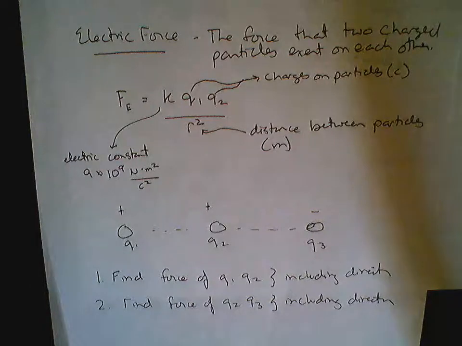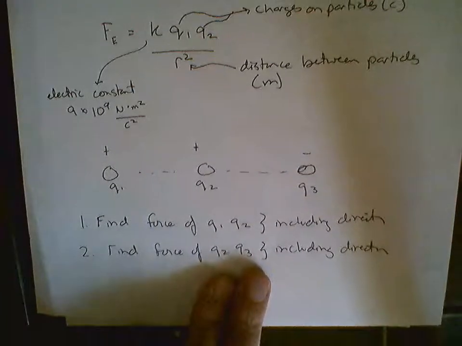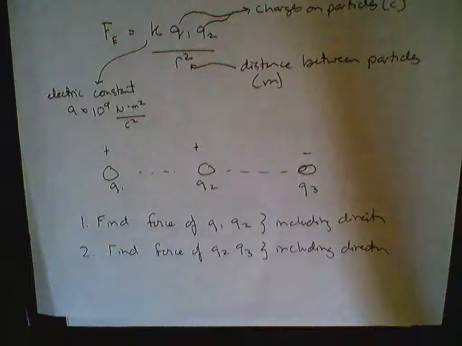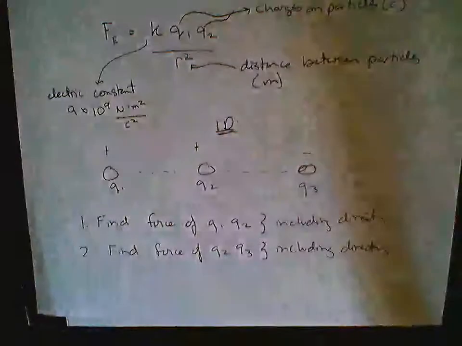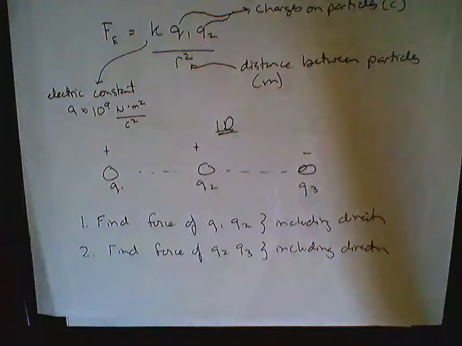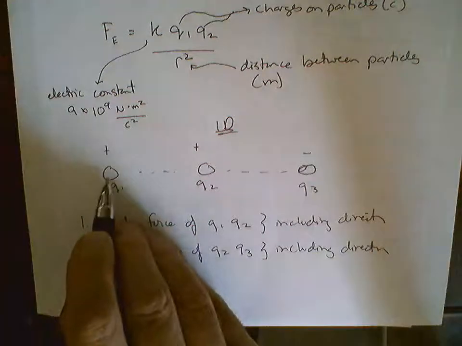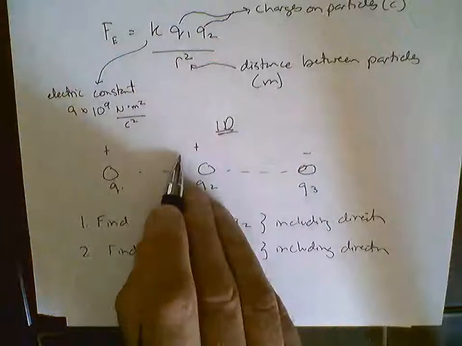There are two types of problems you have to do in U4A2. So here's what you're trying to figure out. First of all, we're going to do one-dimensional problems. So this is the first type of problem. This is one-dimensional. You have three different charged particles, Q1, Q2, and Q3, and what we're trying to do is see how Q1 affects Q2 and how Q3 affects Q2.